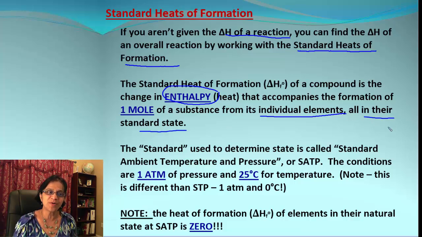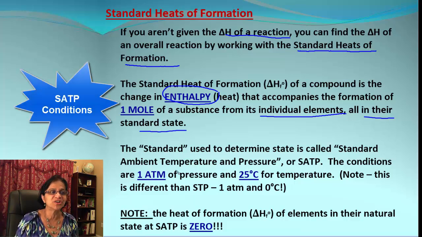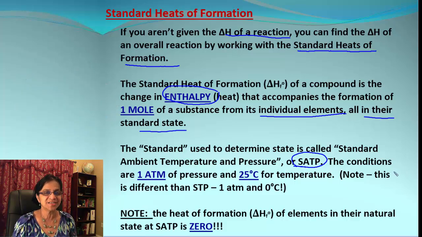Now the meaning of the word standard here is standard ambient temperature and pressure, or we call that SATP. The conditions for SATP are 1 atmosphere pressure and look at the temperature. It is 25 degrees Celsius.